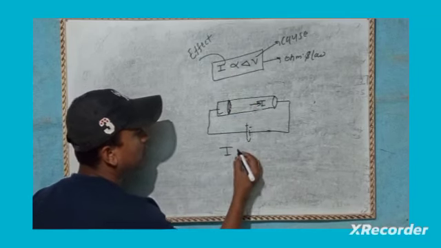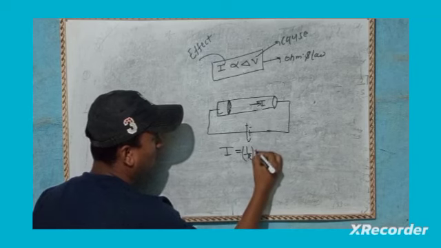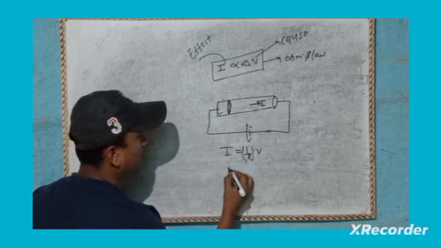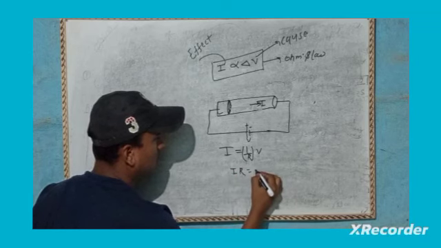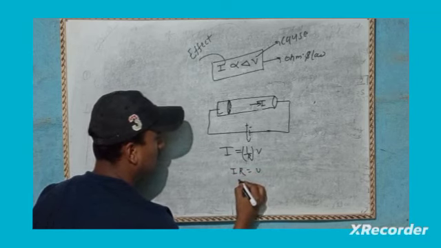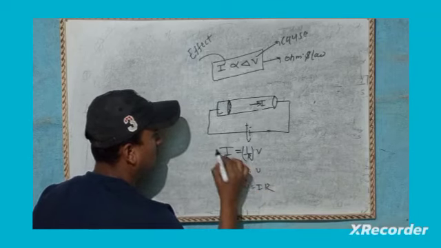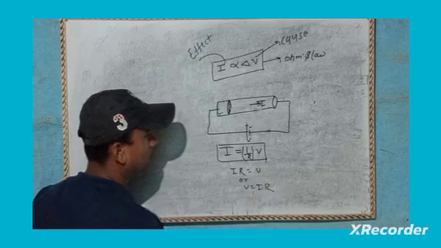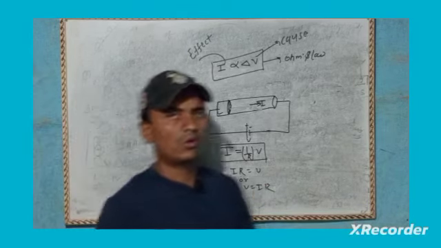So coming to the point, remove the proportionality constant, and it can be modified to V equals IR. Yes or no? What is Ohm's law?